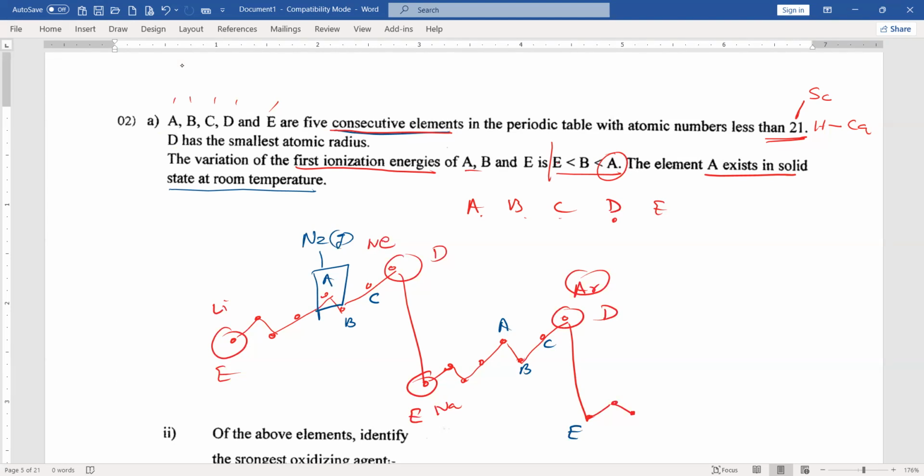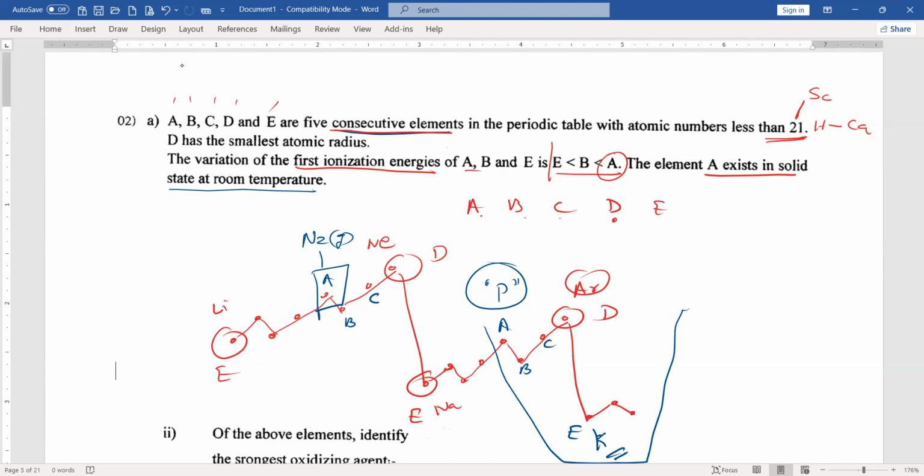But if you get A, B, C, D, E like this, then A is phosphorus. Phosphorus is a solid at room temperature. Therefore, you have to consider these elements. A is phosphorus, E is then potassium. That's how you identify or pick those elements. Now D is the smallest, that is argon. Then A is a solid, so nitrogen cannot be this.